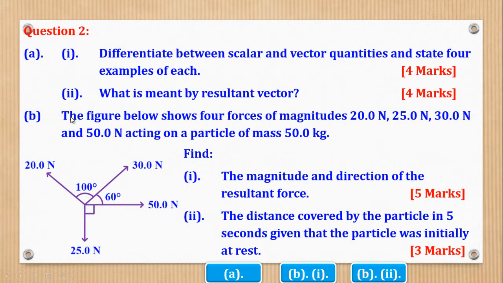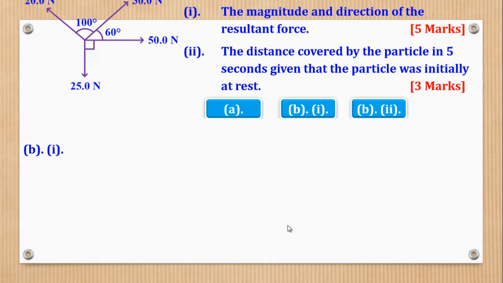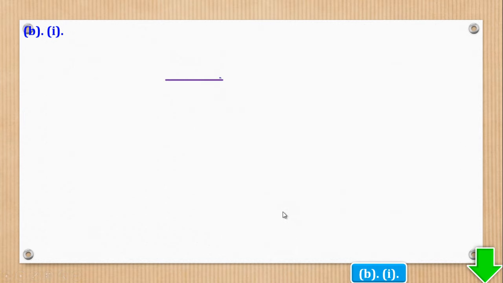B Roman 1 says the figure below shows 4 forces of magnitude, these ones, acting on a particle of mass 50 kilograms. This is it. Find, Roman 1, the magnitude and direction of the resultant force. So we are going to first redraw, because in resolving it is advisable that you get angles lying on the horizontal.